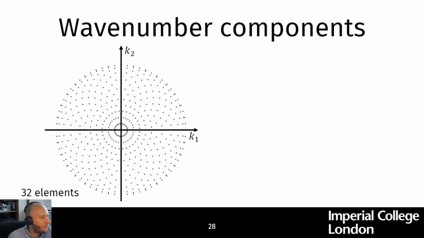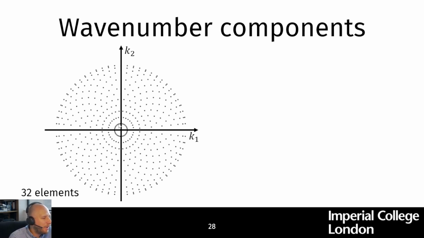Just to illustrate some of these wave number components, and the consequences for this integration and why it matters. This is an illustration of 32 elements in a circle. And you can see the arc patterns that I illustrated before in here.